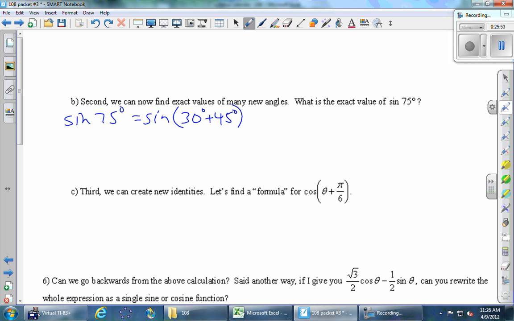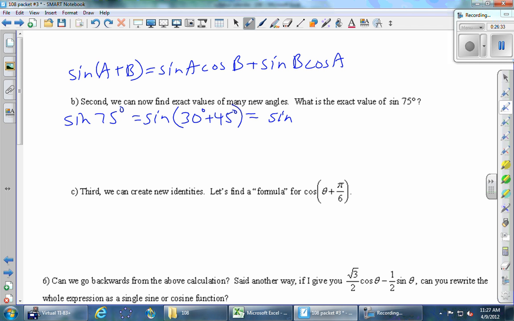So now it's a matter of using the formula. I'll put it up here again and then ask you guys to do some work. So this is sine of A plus B. Okay, so the formula says to do what?